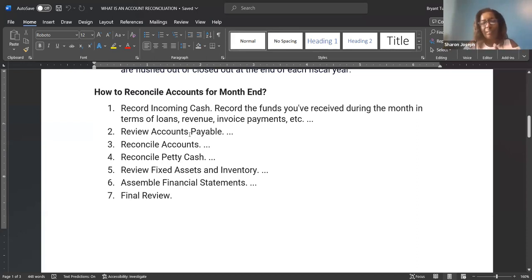That's something that a lot of companies don't really have a whole lot of. We've kind of gotten away from that when everything is done bank to bank now. You look at your fixed assets and your inventory, and then you put together your financial statements and then do a final review. These are the kind of things that you do at the end of the month to make sure that your books are correctly stated.